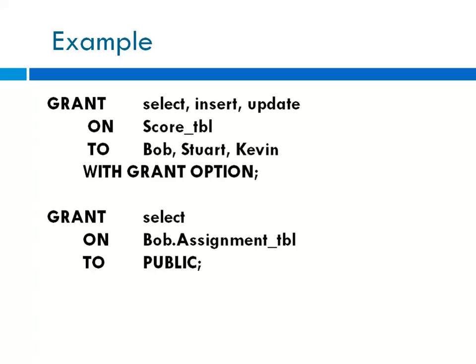So I have received this privilege from user Bob, so I can give the privilege on the assignment table which belongs to Bob by using this statement, and I want to give the access to public.